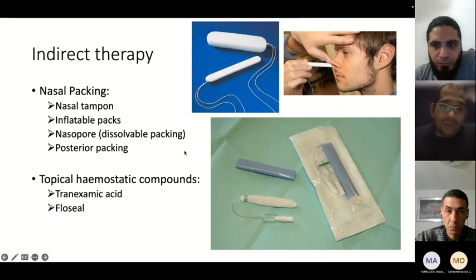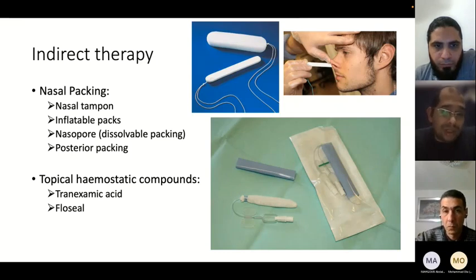Before introducing any of these nasal packings, you should do a proper nasal suction, because most of the time patients come with a well-formed blood clot inside the nose. This blood clot may be dislodged and drop through the postnasal space into the airway and endanger the airway.